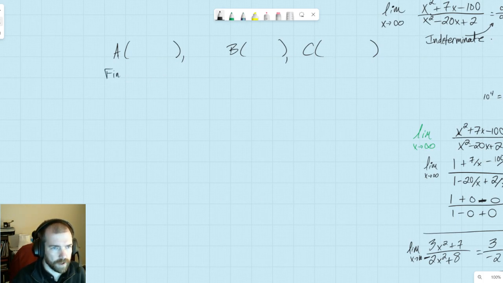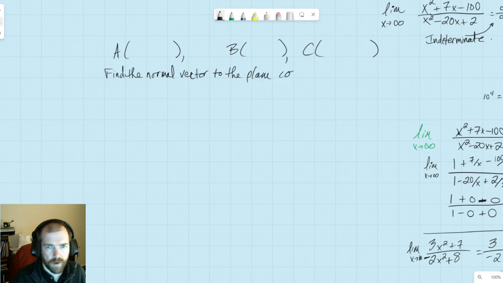And then find the normal vector to the plane containing these points. Something like that.